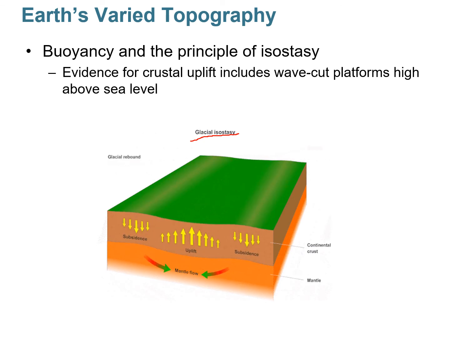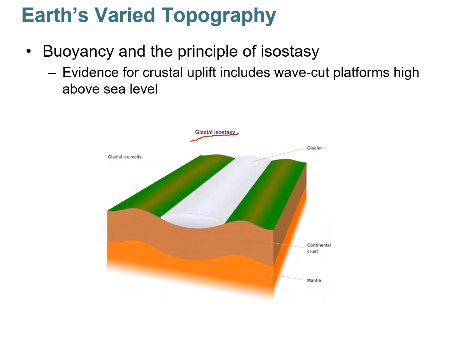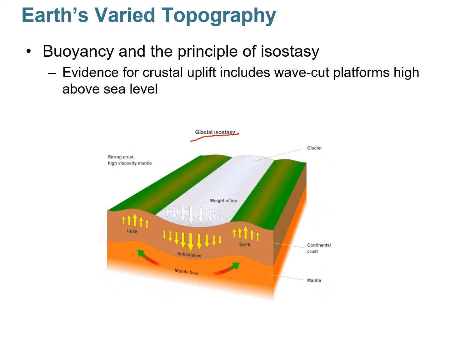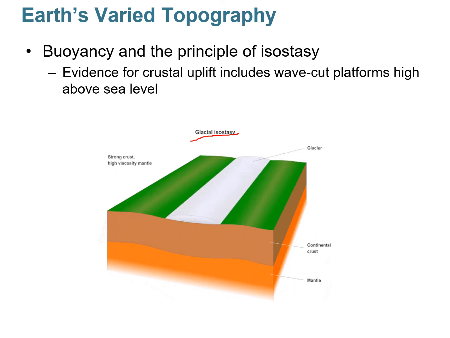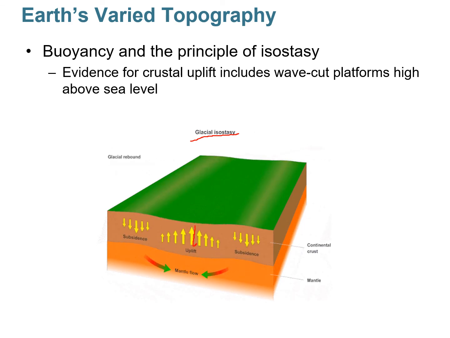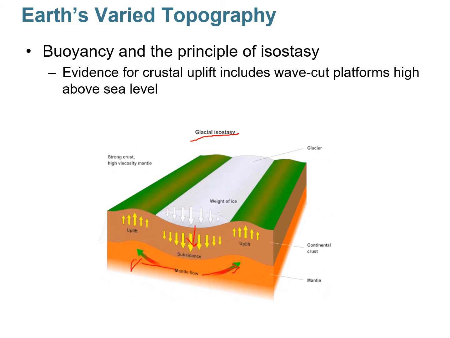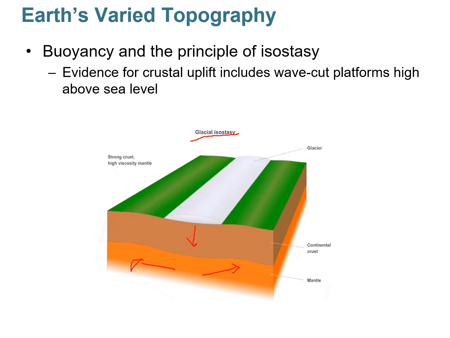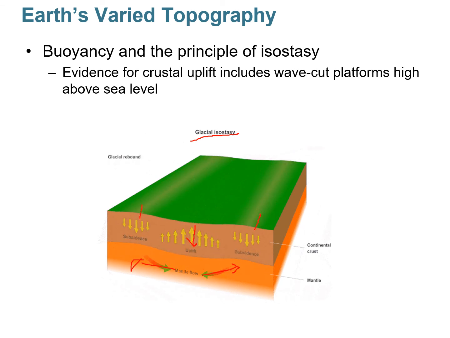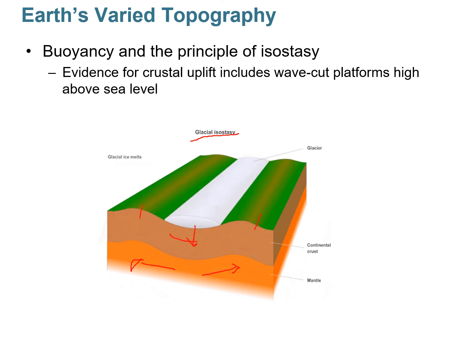Glaciers are very heavy. They can be kilometers thick of ice weighing down on the crust. When it weighs down on the crust, it pushes it downwards and makes the mantle flow move away. Then you get uplift in certain areas, and you get subsidence here.